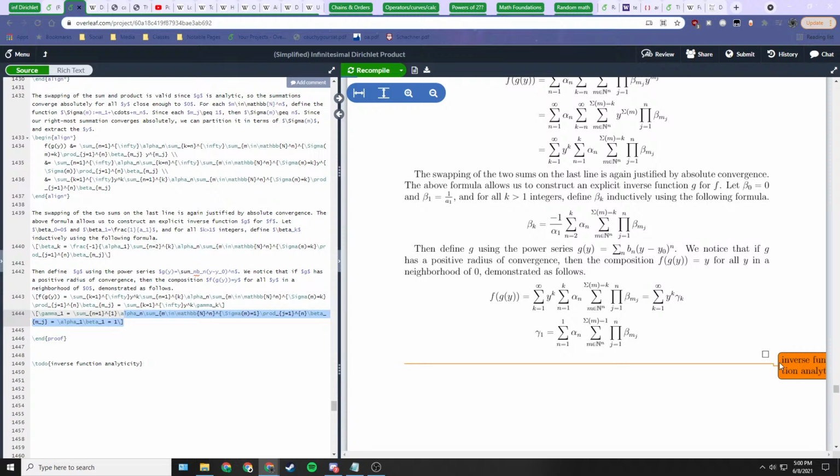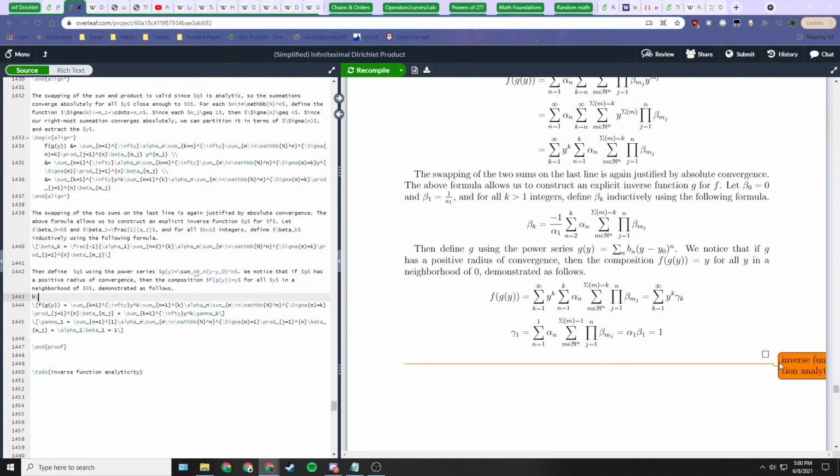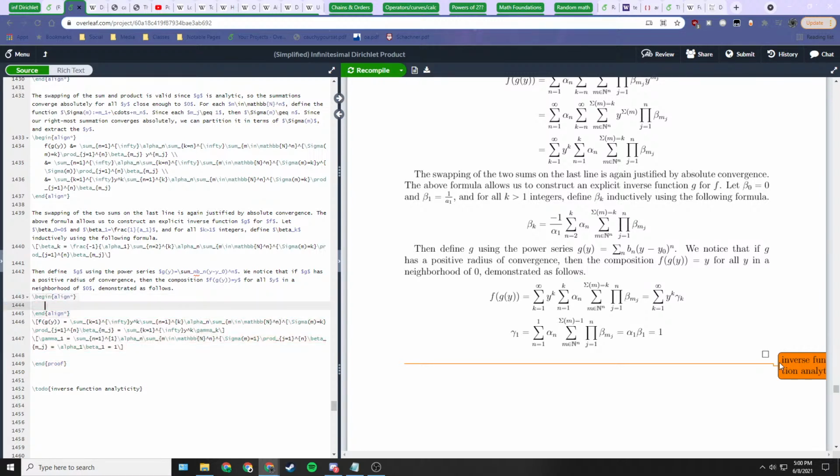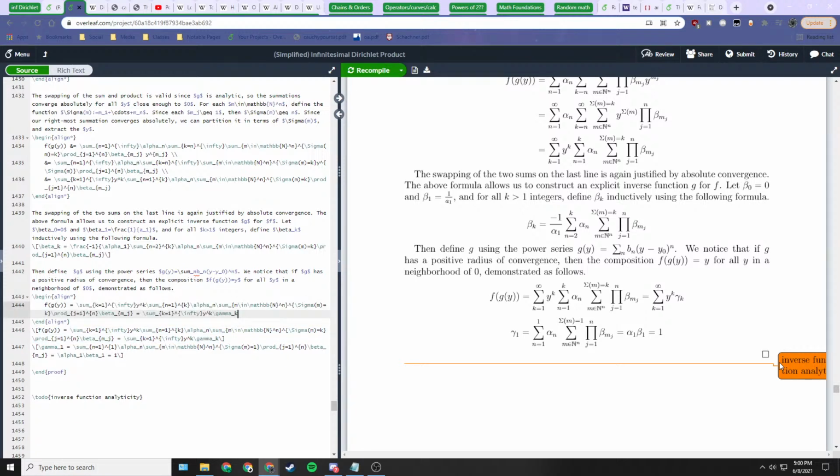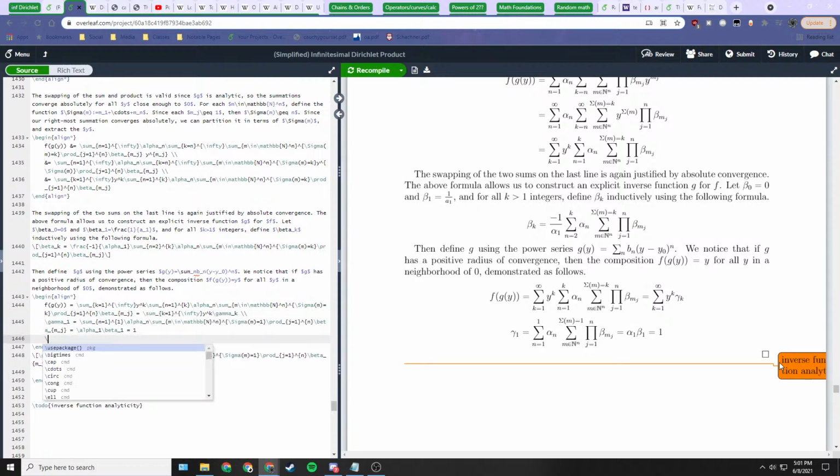And then we have gamma 1, and then we'll also do gamma sub k for all larger k.